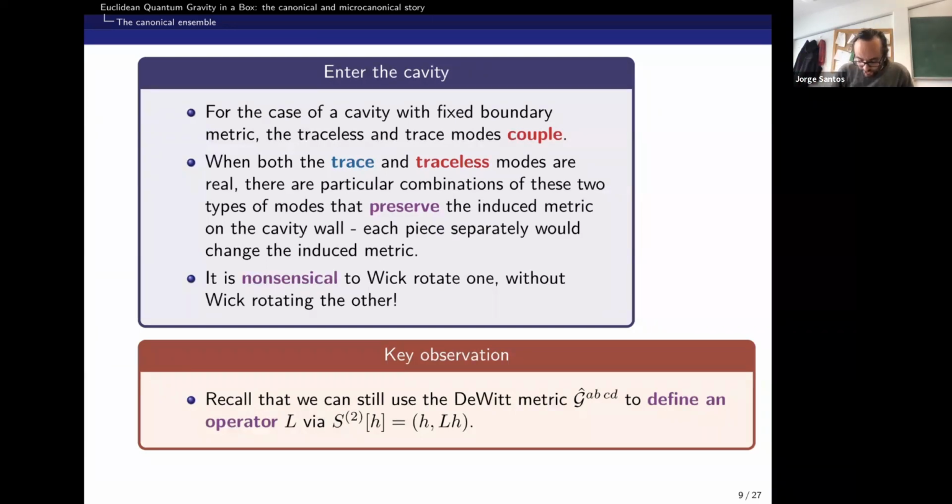In particular, if you give me the DeWitt metric, and I'm going to use the one that everybody uses, and then comment on this in the end, then I can read off what this L is in general. So you first choose the DeWitt metric, that chooses the inner product, and then you read off what L is.